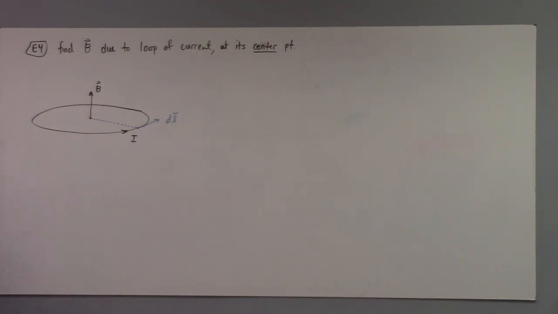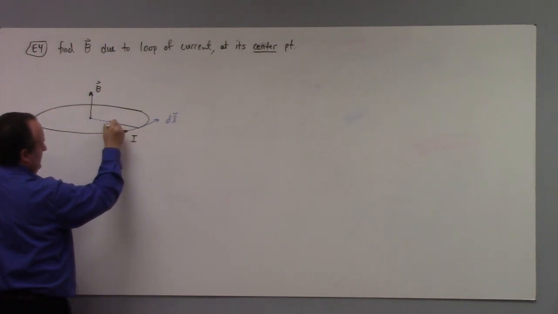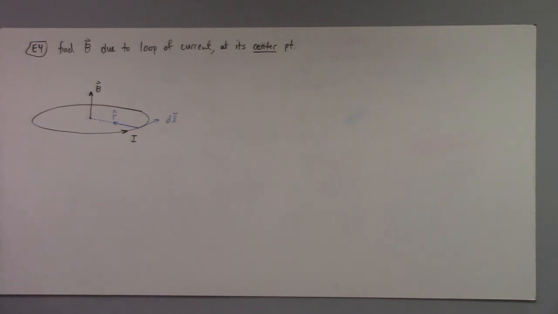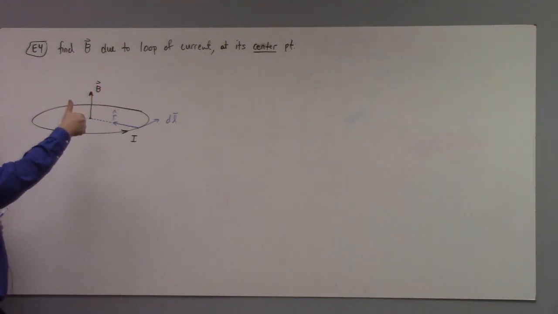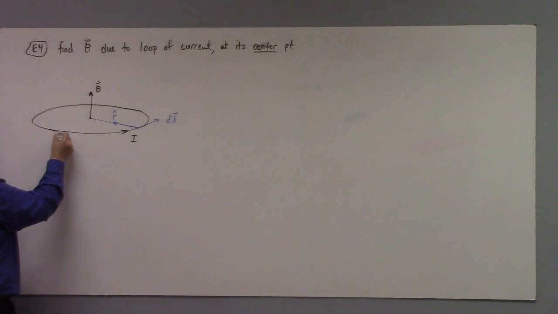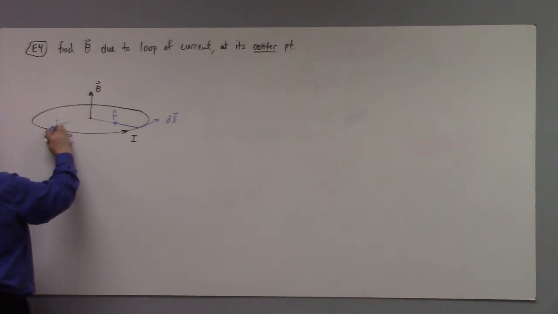So r hat is the center-seeking unit vector like that. Those are perpendicular, use your imagination. So dL crossed r hat points up. Now I come over to here. Here's my dL over here, and my r hat, that's supposed to be center-seeking.